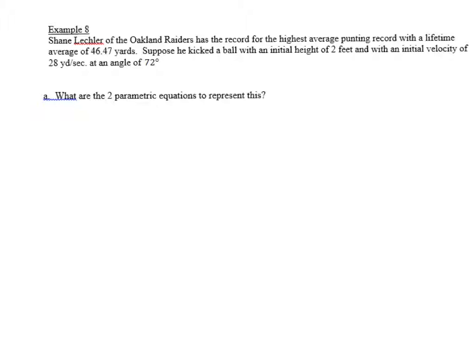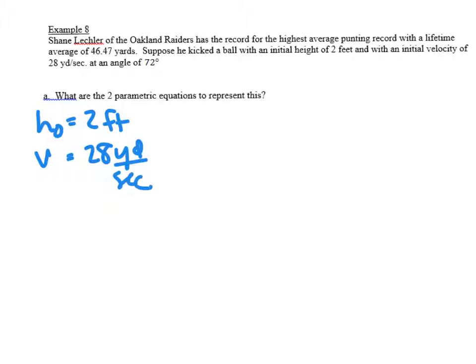So here's what I have. I have that my original height is 2 feet. I have that my velocity is 28 yards per second. My theta is 72 degrees. My g is 32 feet per second squared, since we're talking about feet.